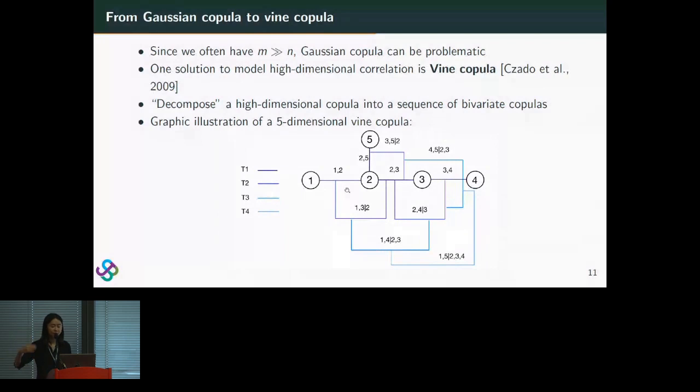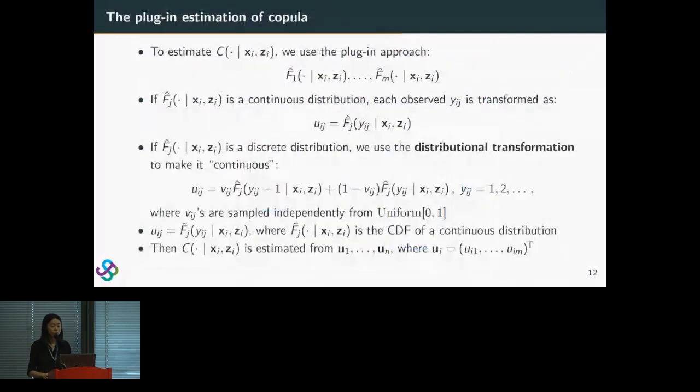The third layer will be conditional correlations given the second layer. So this gives us a way to approximate the correlation matrix and make the likelihood function computable.